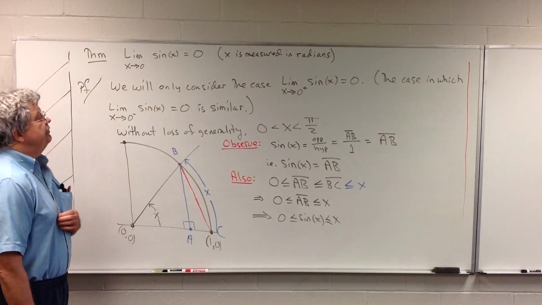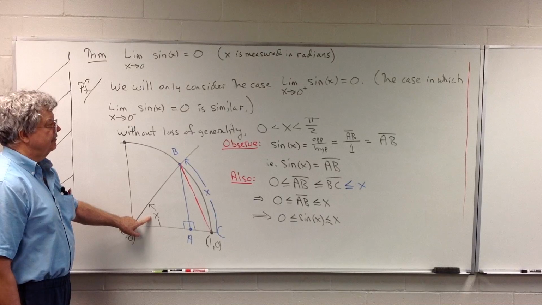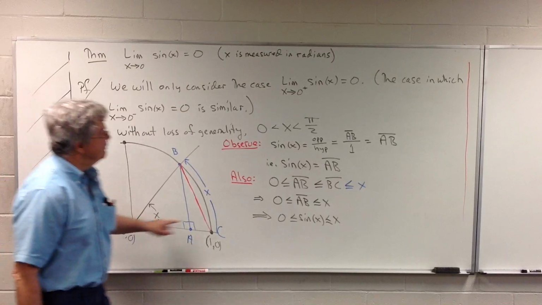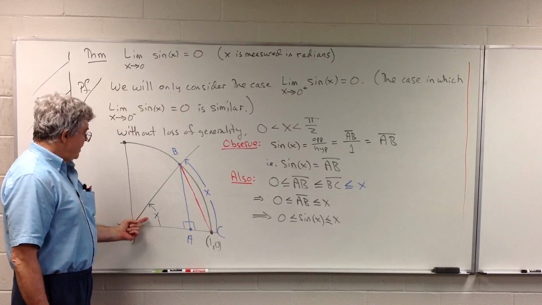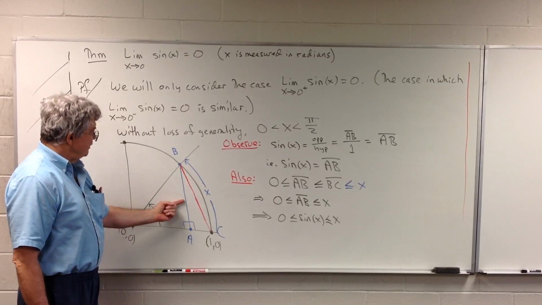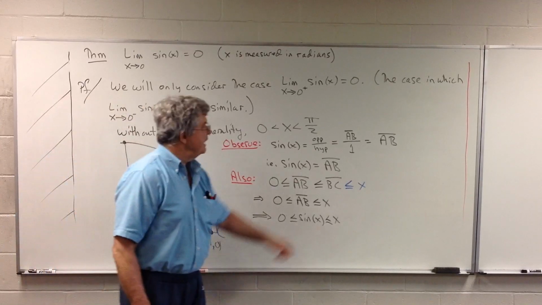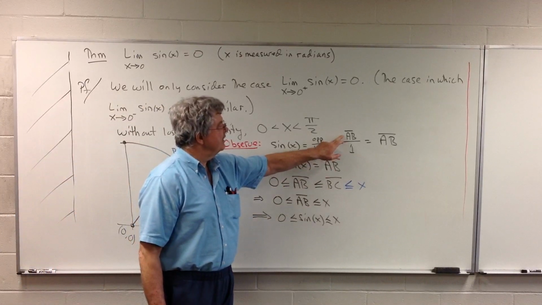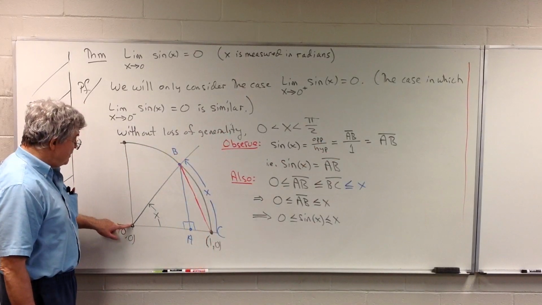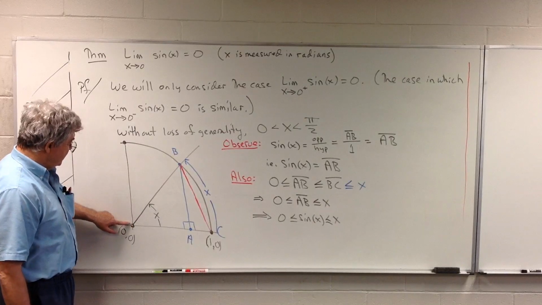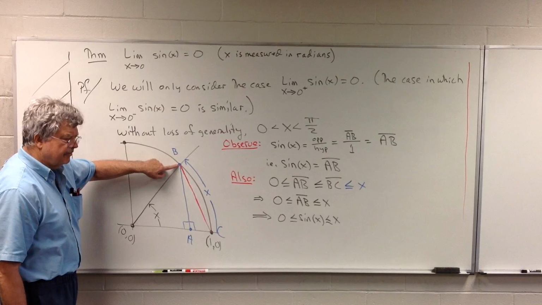So what is the sine of this angle x? By definition, it's the opposite over the hypotenuse. The side opposite this angle is the line segment AB. So the measure of the line segment AB is the opposite. And the hypotenuse, that's the line segment that goes from the origin to this point B on the circumference.